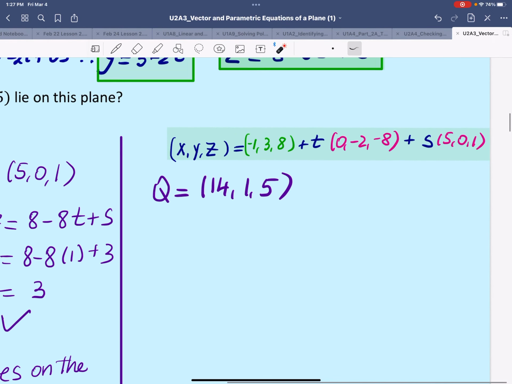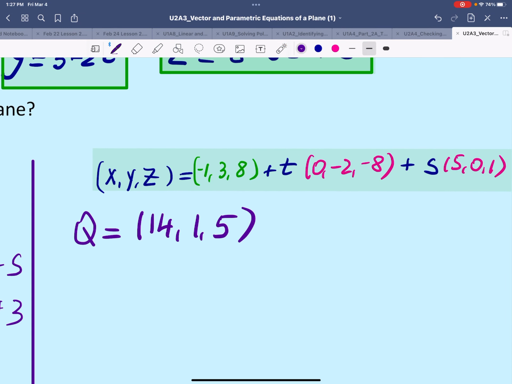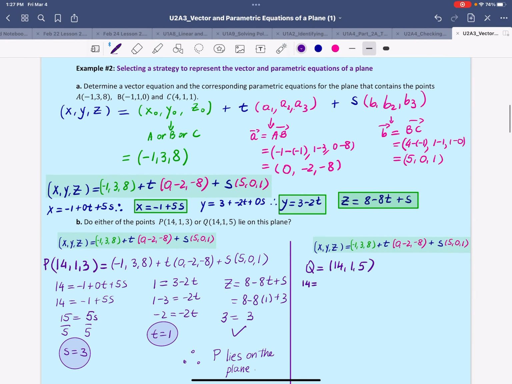But let's take a look at each equation and see how that works. So we're going to say that 14, we're using the parameter equation for x, equals negative 1 plus 5s. So 15 equals 5s, s equals 3. So next we have y equals 3 minus 2t. So again, we have y value of 1 equals 3 minus 2t.